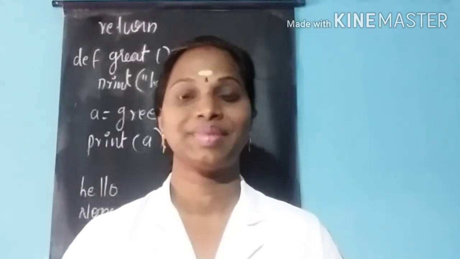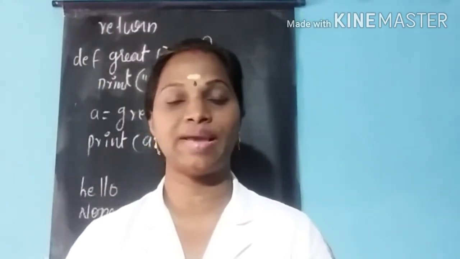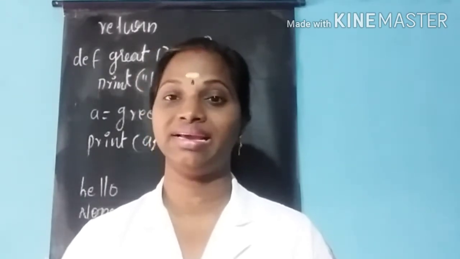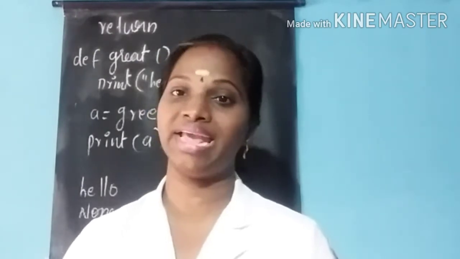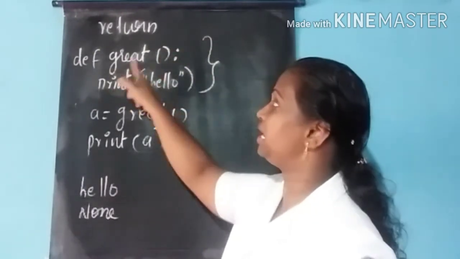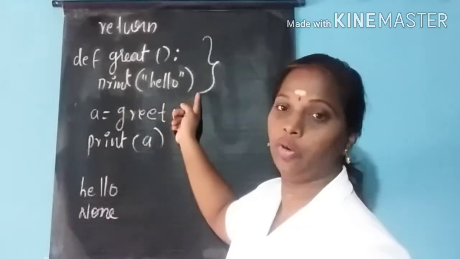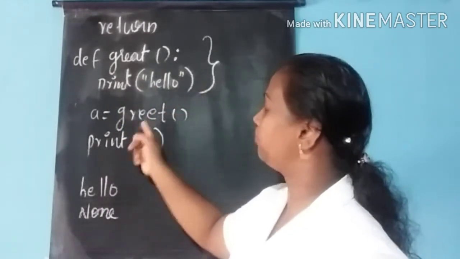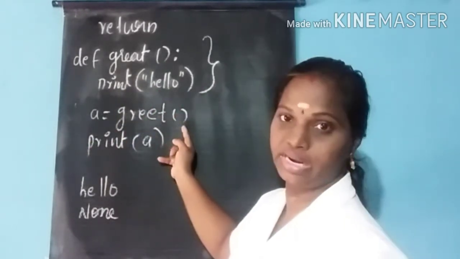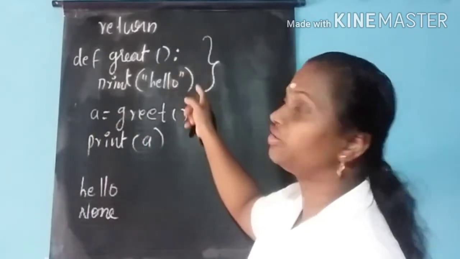See children, a void function is sometimes called a non-fruitful function. It implicitly returns a none value to the calling function. See the example. Def great print hello. This is a function. When we call this, a is equal to great, we call this function.